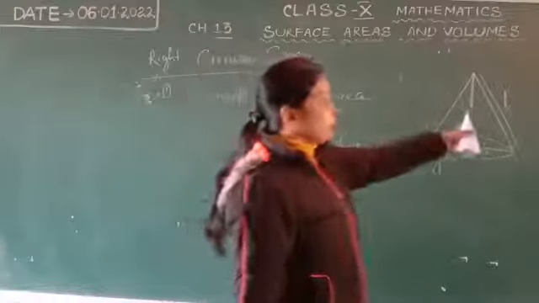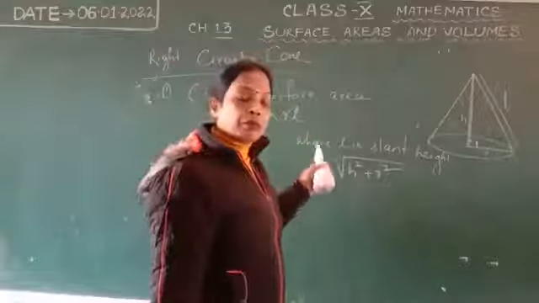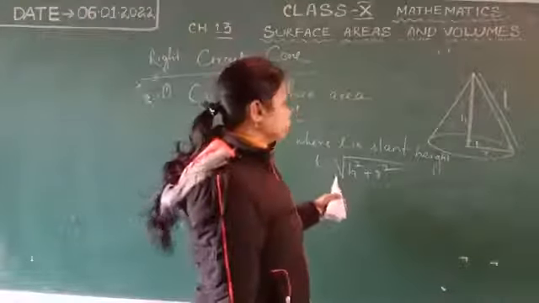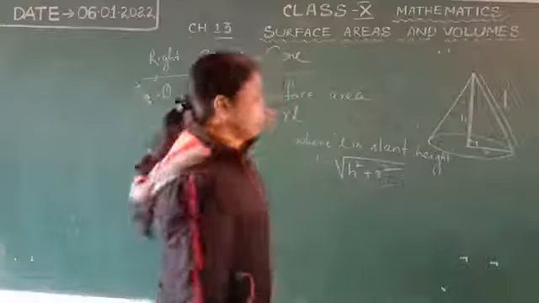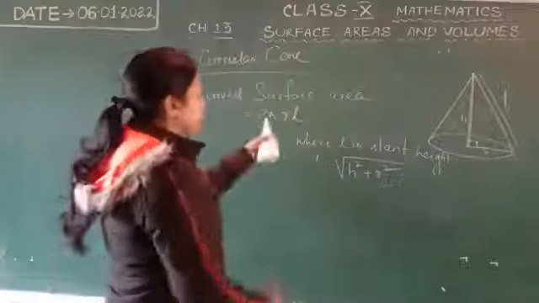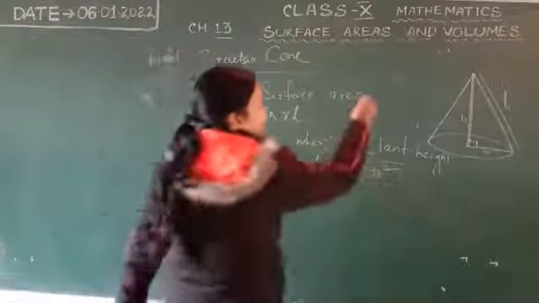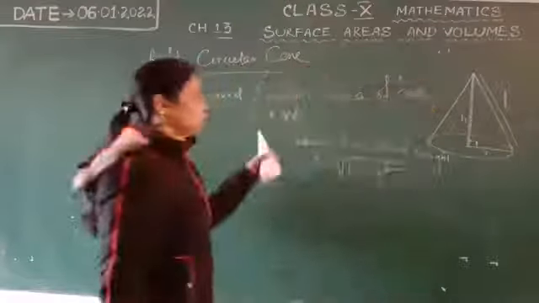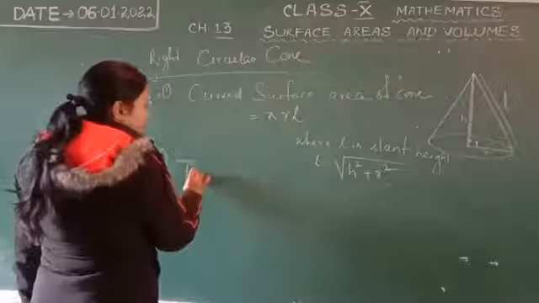So how to find the length of the slant height? L is equal to root over of h square plus r square. And this is called the curved surface area of a right circular cone, that is pi r L. Then the second one is the total surface area.